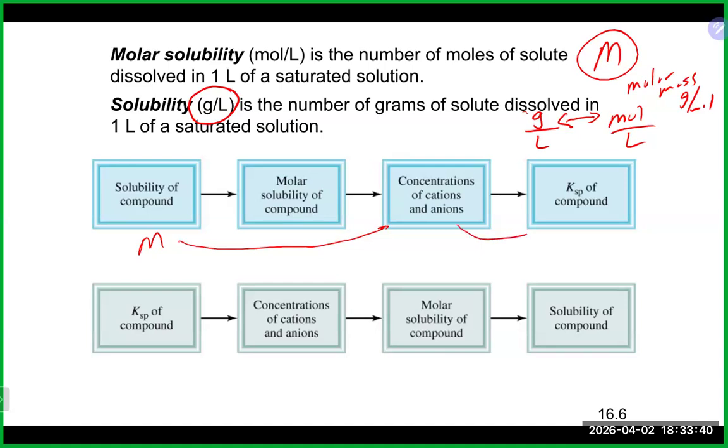And once you have the ion concentrations, you could go into the equilibrium expression and solve for the equilibrium constant. The other way is they just straight up give you the KSP and ask you what is the solubility of it. And sometimes they may not even give you the KSP. Let's go look it up. They'll just ask, what is the solubility of this compound in water, and is it moles per liter or grams per liter? In that particular case, an ice table is probably preferable to do the calculation.